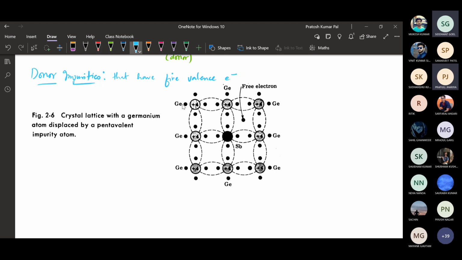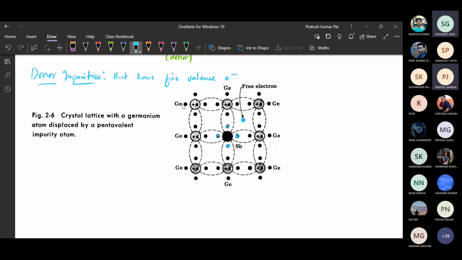So it is having five valence electrons. Four of the 5 will be used for making the covalent bond to the 4 neighboring atoms of germanium, but one of the valence electrons out of the 5, 4 will be used to make this covalent bond.